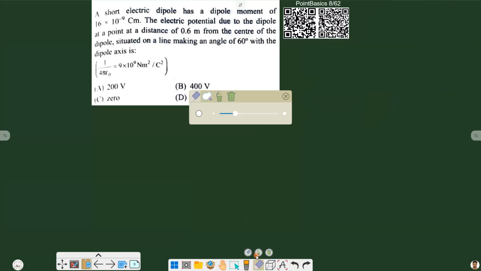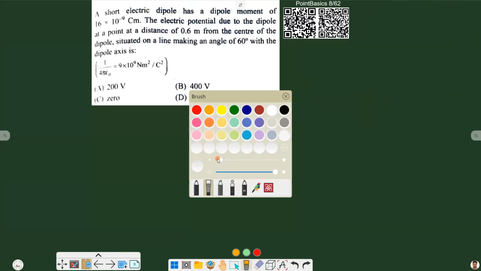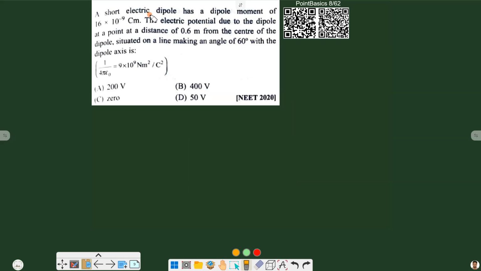Let me make it slightly thicker. A short electric dipole has a dipole moment as mentioned. Find the electric potential due to the dipole at a point at a distance 0.6 meter from the center of the dipole, situated on a line making an angle 60 degree with the dipole axis.